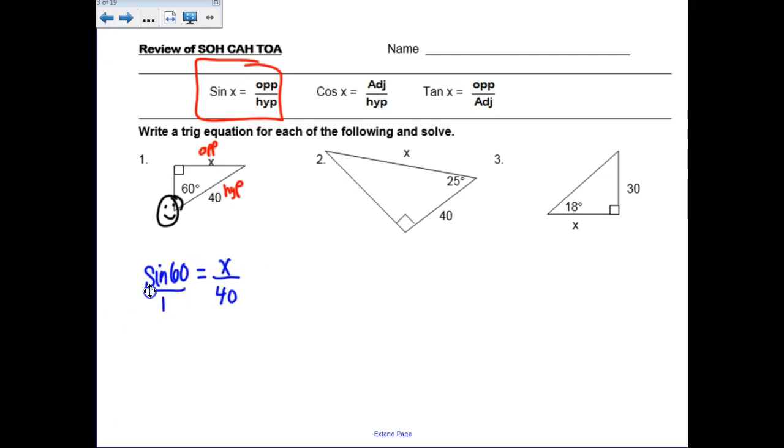So, ladies and gentlemen, you have a proportion to solve. How do you solve proportions? Cross multiply. So x times 1, that's easy, that's just x. But this is something I'm going to have to type on my calculator. Sine of 60 multiplied by 40. Can you please be careful that when you open sine 60 that you close the parentheses so you stop the sine function?